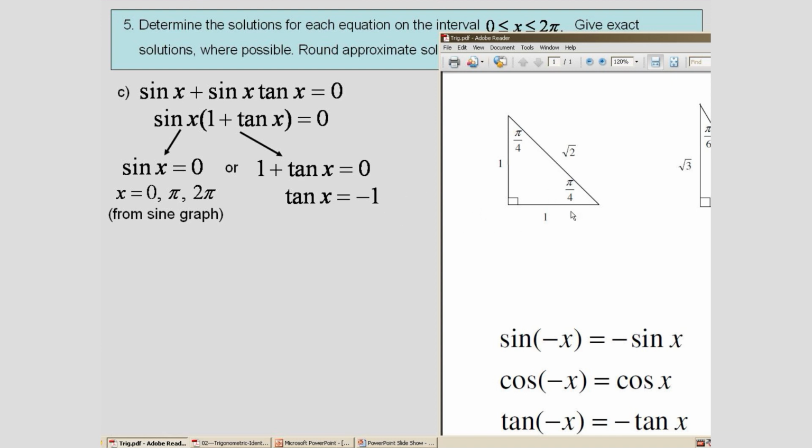If we use an angle of pi over 4, tan would be opposite over adjacent, so that's 1 over 1, which is 1. We don't need to worry about the negative right now, that's just going to tell us the quadrants. So if tan x equals 1, we must be using an angle of pi over 4. 1 over 1 is 1.